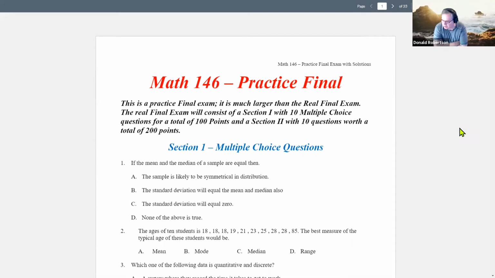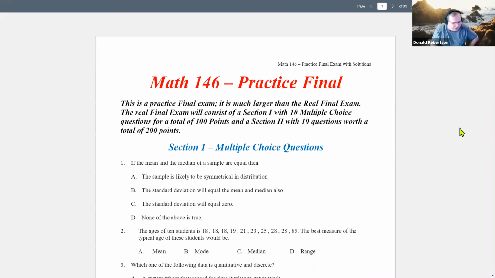And then I'm going to set up in WebAssign a blank ignore-me question that's got the SALT button on it. So that when you need to use SALT, you just click on that and put your numbers in, right? So in WebAssign, there's just going to be a single blank question, I don't care what it is, with SALT in it so that you can use SALT to find the p-values and any of the other bits and pieces that you need.